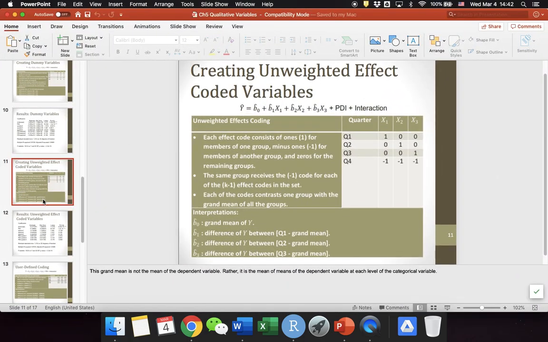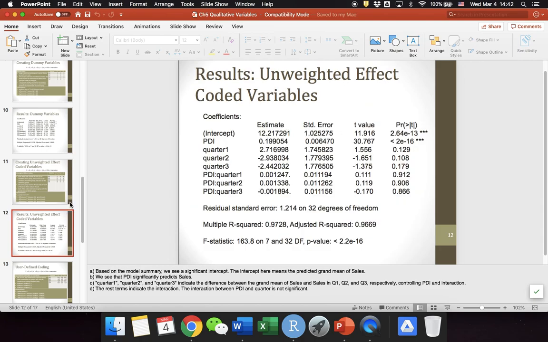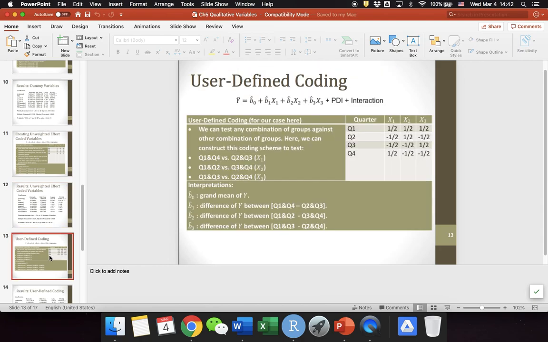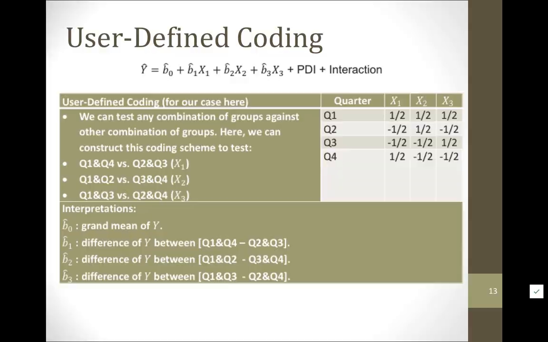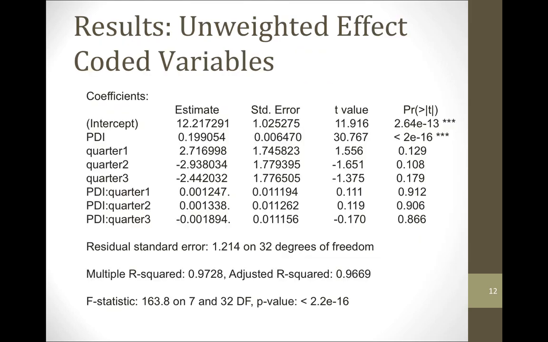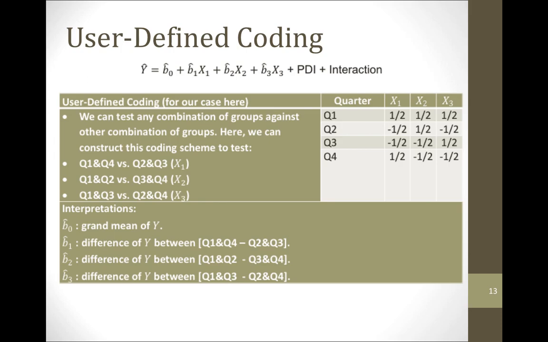So next, we are going to see the user-defined coding, which is like making your own contrast. In the previous two coding schemes, it is not so useful for our case here.